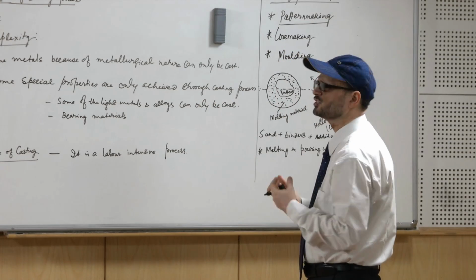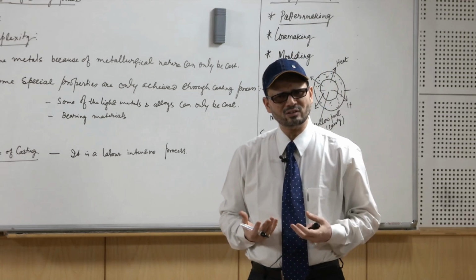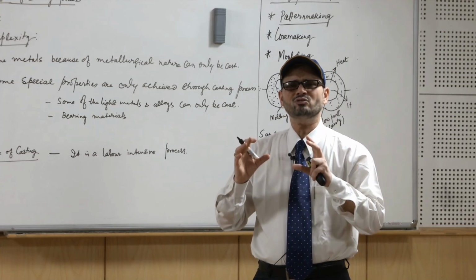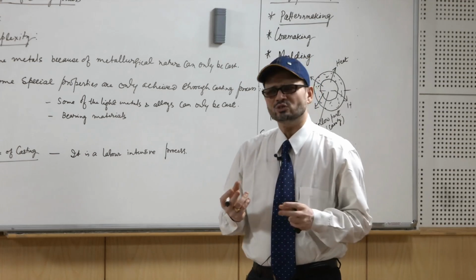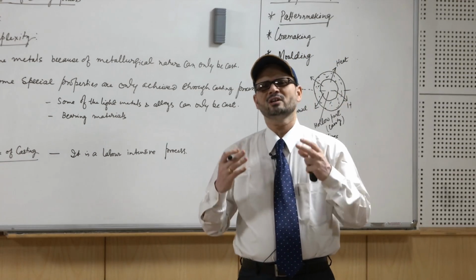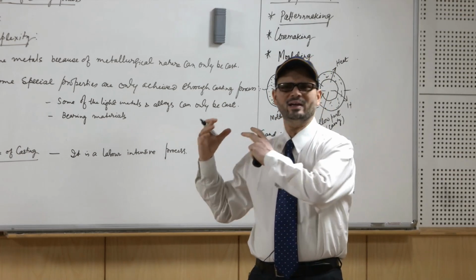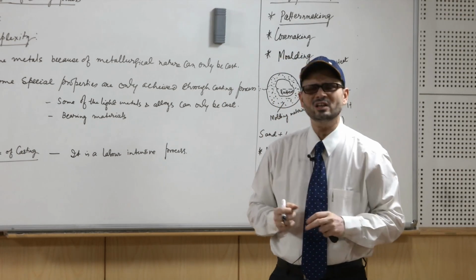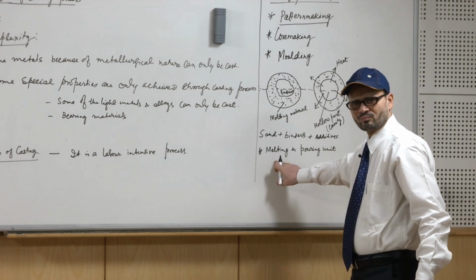So, the furnaces may be of different types depending upon the requirement of the amount of metal to be melted and to be poured. So, you may have furnaces like the cupola furnace for cast iron, you may have the arc furnace, you may have the induction furnace. So, all these furnaces are placed in the melting unit.